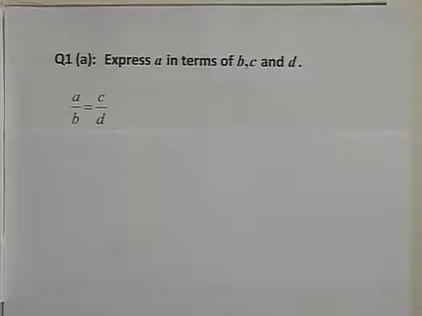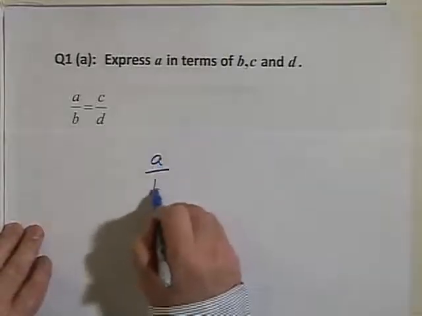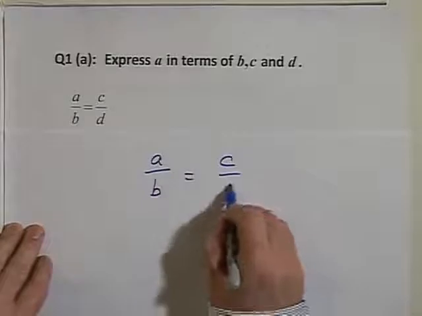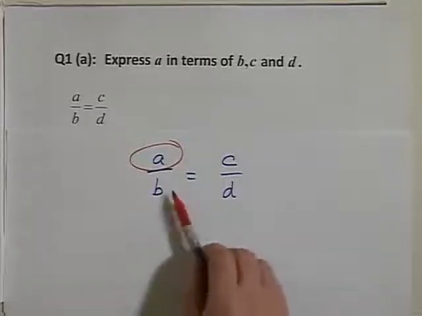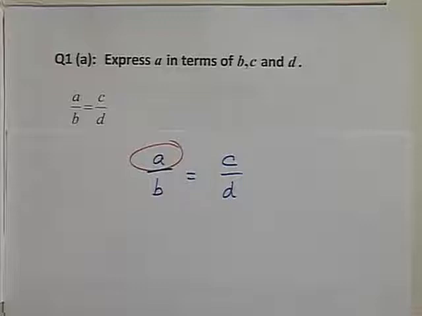A over B is C over D, and I would just like to have A on the left-hand side. So to have A on the left-hand side, there's really only one thing annoying me. It's the divide by B, isn't it?